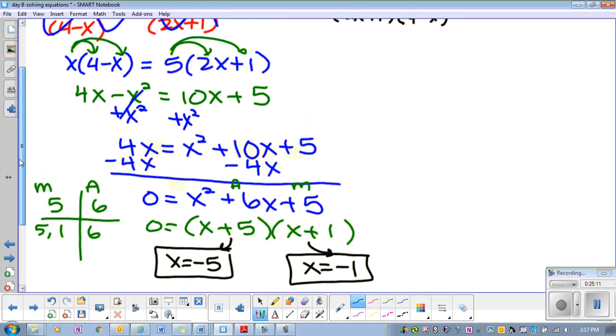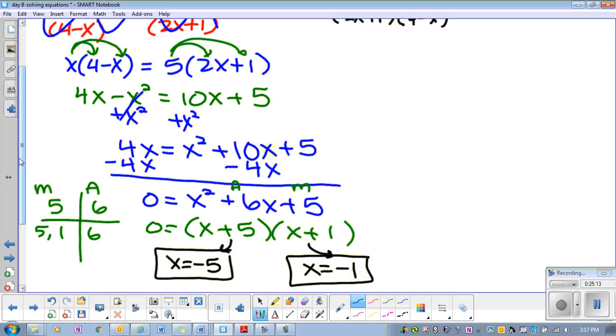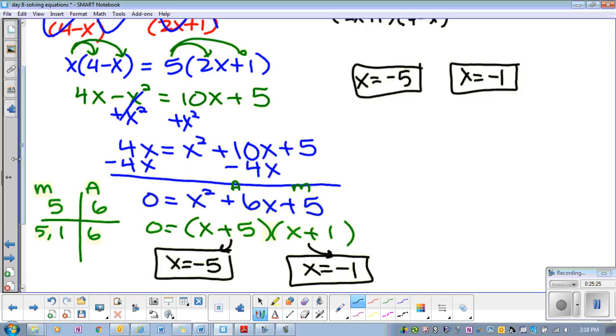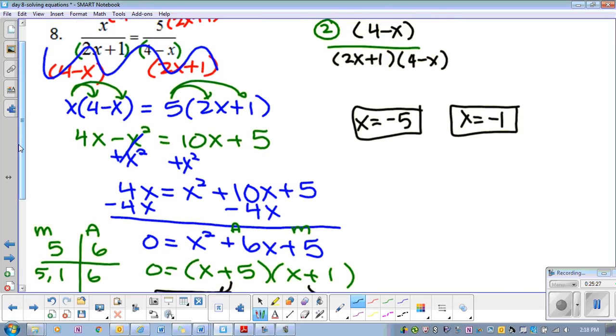I have to plug it into my LCD. I'm just going to write it here because I can't see my LCD. Okay, so I plug it into 2x plus 1, and then into 4 minus x.